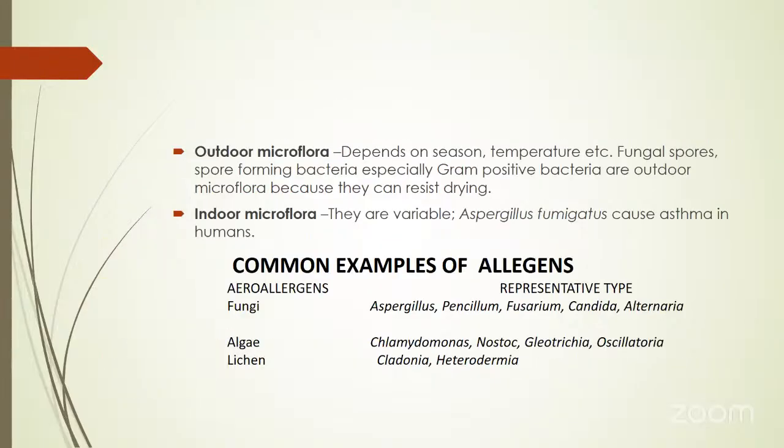So then we have indoor microflora and outdoor microflora. There are some organisms that are specific to the outdoor that are not inside the house. There are some that are within the house that are not outside, but you find either of them anywhere because people go out and come in. The indoor microflora are mostly encouraged where you have humidity in the house.